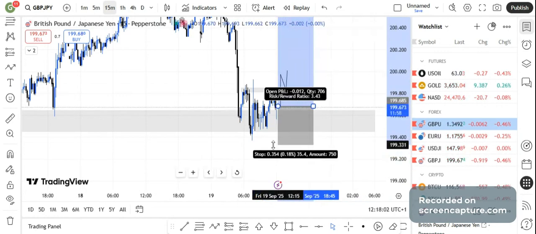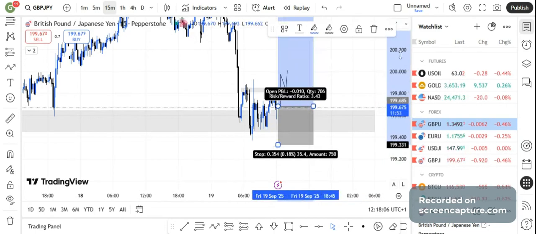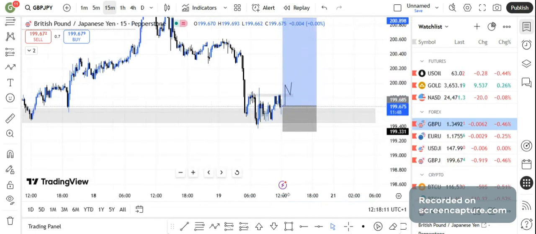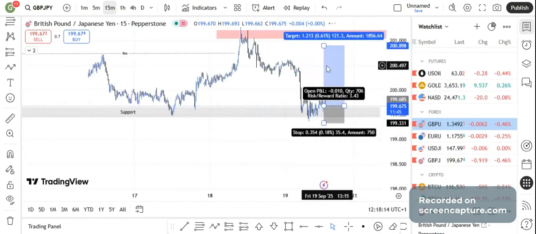Can you see that the risk to reward is now different? But just hang on, let me check if my take profit is at the high. Can you see we have a 1 to 4 risk to reward ratio?